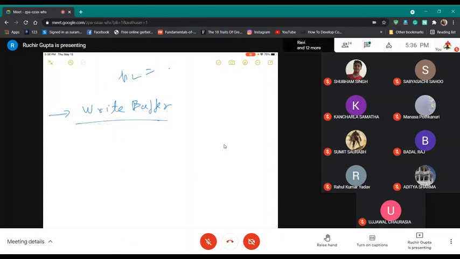This write buffer may hold a number of write requests, and it is possible that a read request comes for something that was recently changed by the processor, but that has not been written to the memory. So that is still with the write buffer.